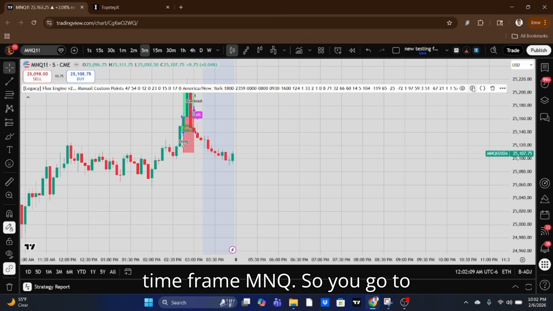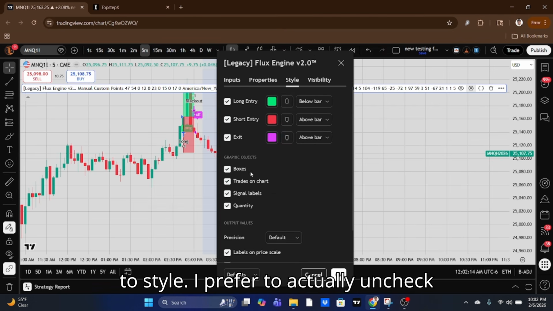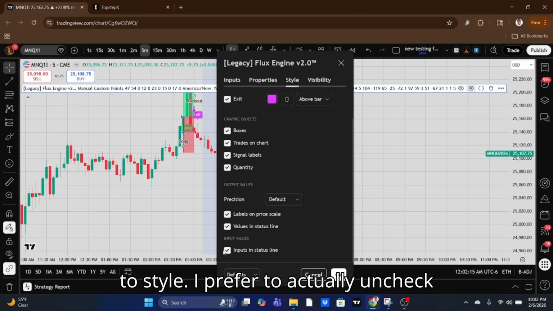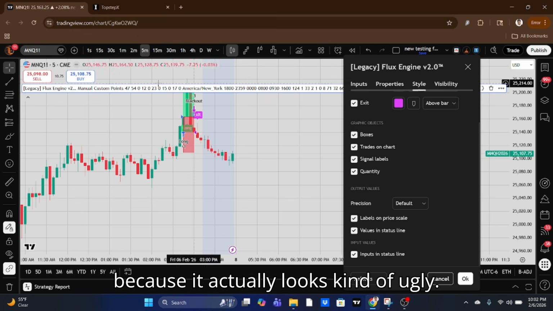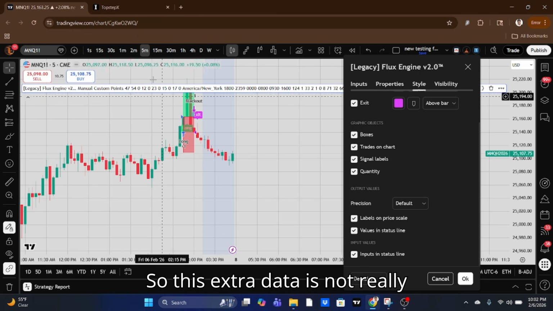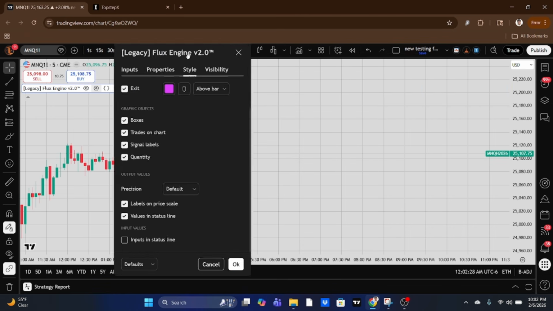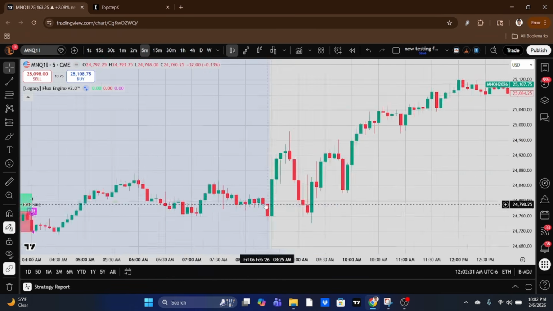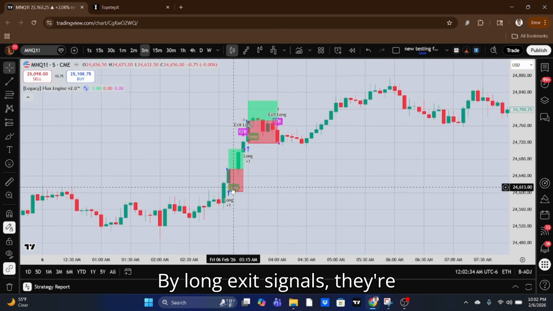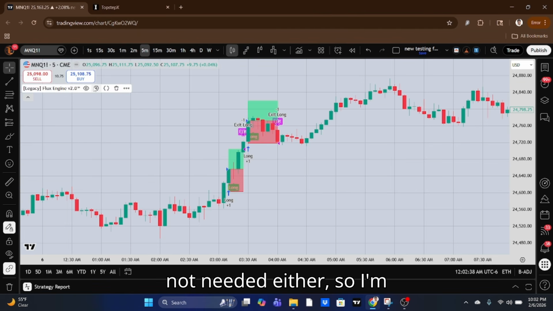So you go to your settings tab. You want to go to style. I prefer to uncheck this box and put it in the status line because it looks kind of ugly. This extra data is not really needed, so I'm going to uncheck that. And also these buy and long exit signals, they're not needed either.